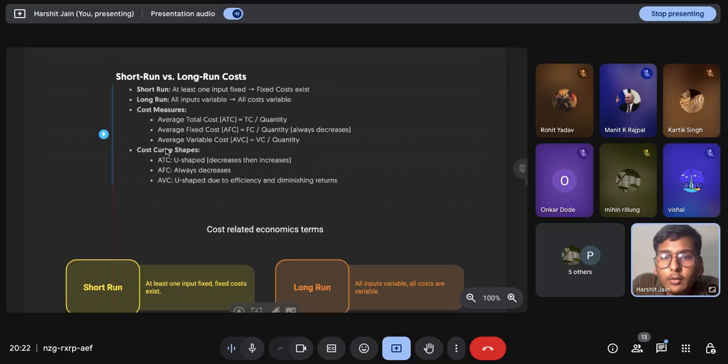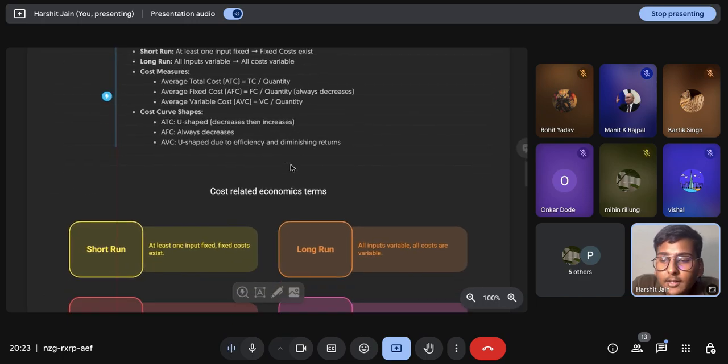So the cost curve shapes: average total cost is always U shaped. Initially it falls due to efficiency, then rises due to higher variable cost.